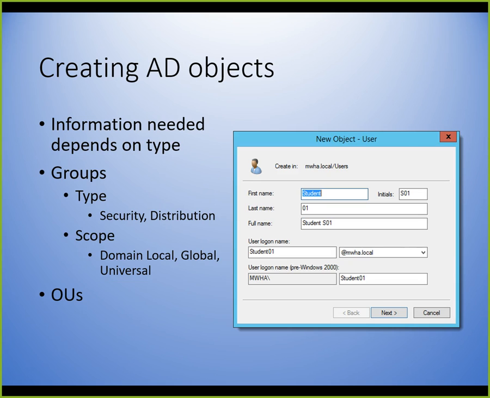But when you have large enterprises with multiple domains or multiple groups, multiple OUs that have multiple groups within them, it's a way to control access to resources once you get it set up. All you've got to do is put people in and out of the global groups that are available to them.